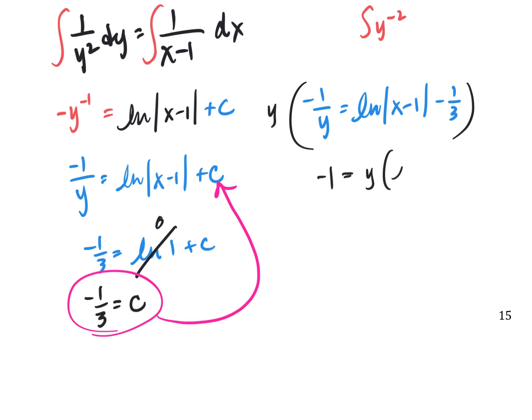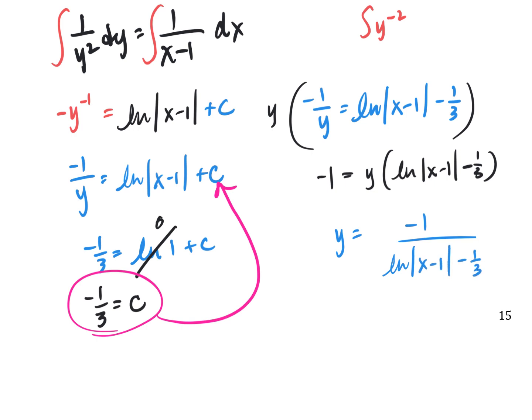I always just leave it on the right side and don't distribute it through. I just say it would be y times that whole right side. And what's my last step? Get y by itself. What would we do? y equals negative 1 divided by ln x minus 1 minus 1/3.